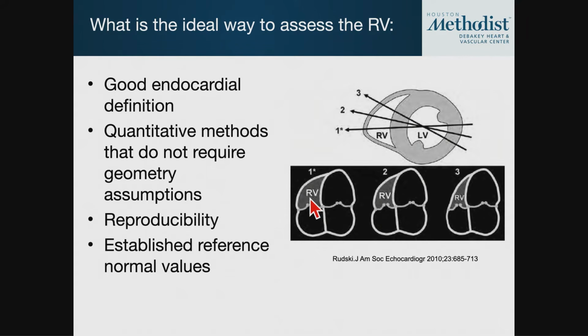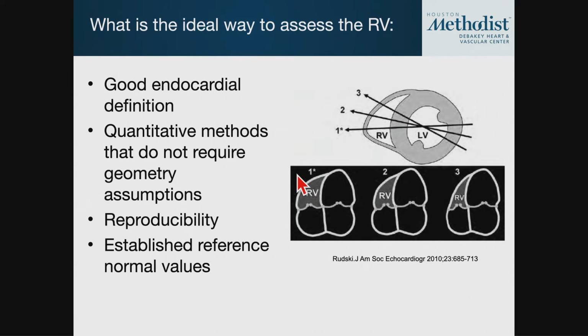That's why in echo you want to specifically do an RV focus view. On MRI, the way we obtain the views is by looking at the short axis view and prescribing the plane, and one of the things we always stress for the technologist is that for the four-chamber view, you want to maximally open up the right ventricle, so that you see the largest RV.